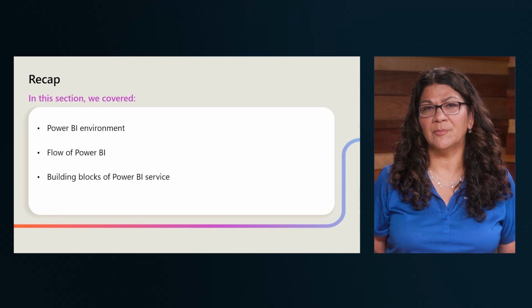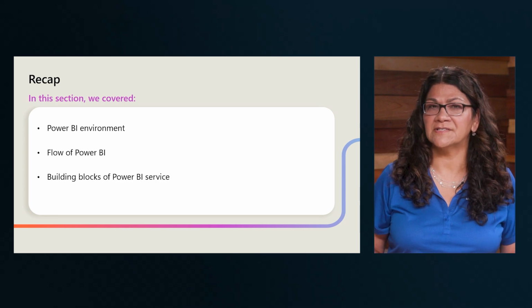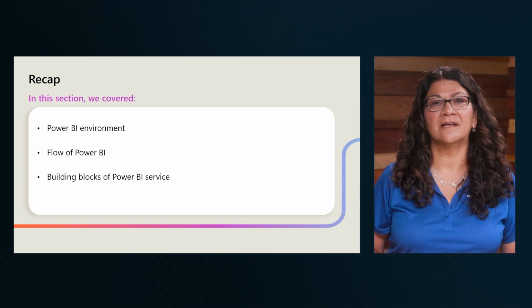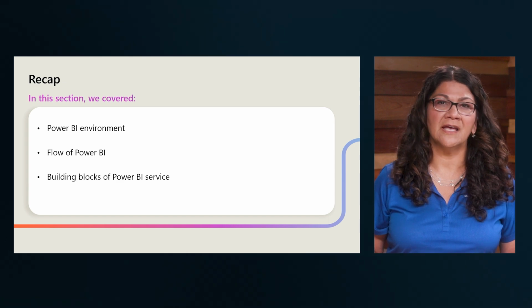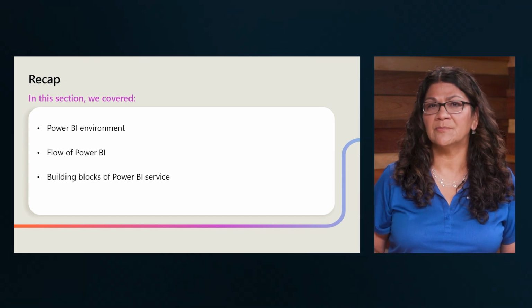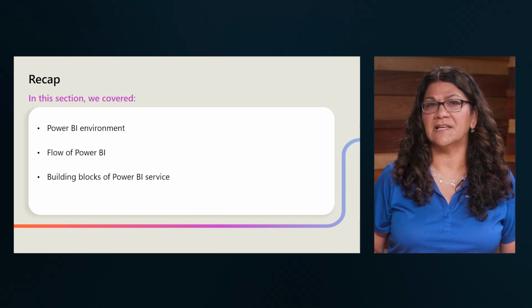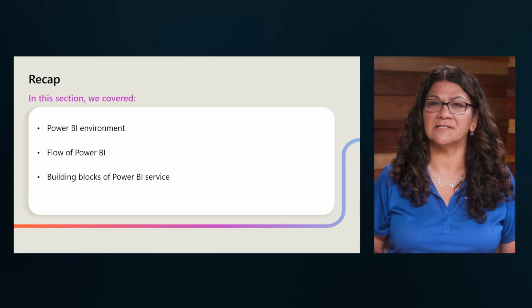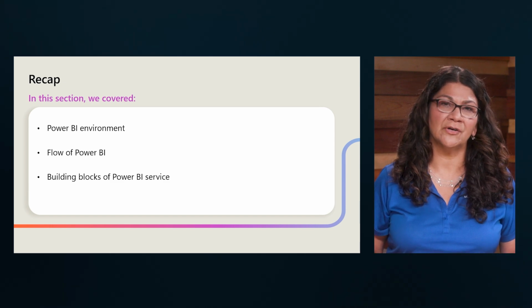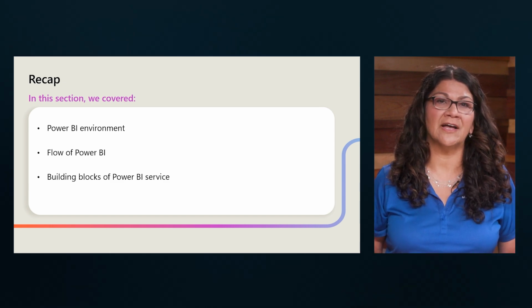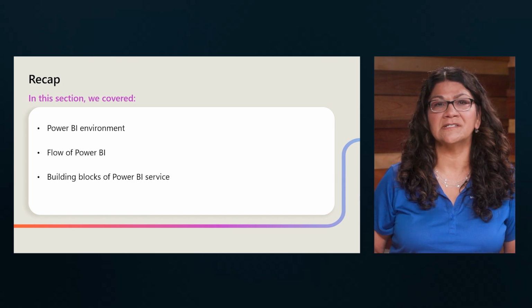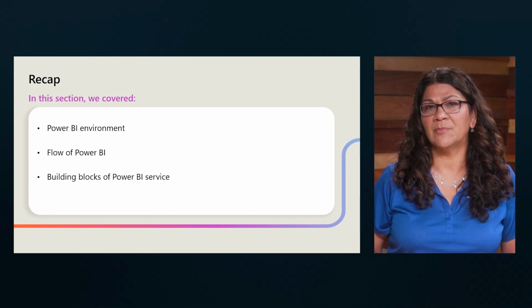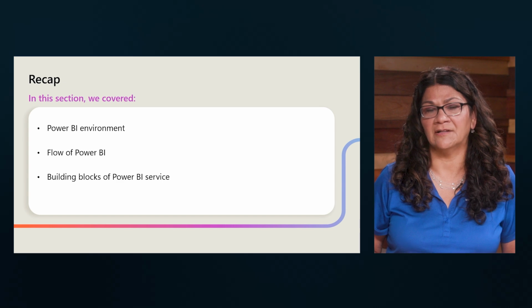To recap, the Power BI environment is a collection of software, services, apps, and connectors. It includes the Power BI Desktop, the Power BI Service, which is inside of Microsoft Fabric, and also the Power BI mobile device. The Power BI workflow is first to identify and connect to the data source and import it into the Power BI Desktop's PBIX file.